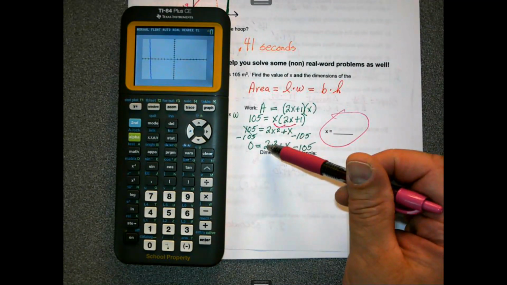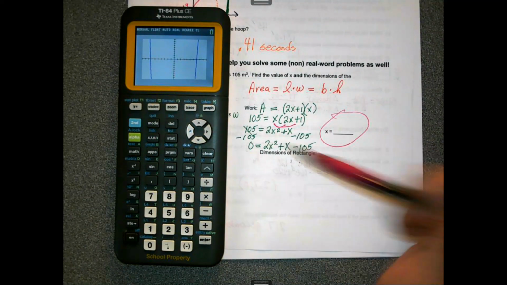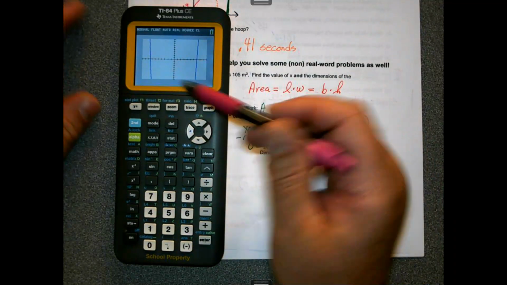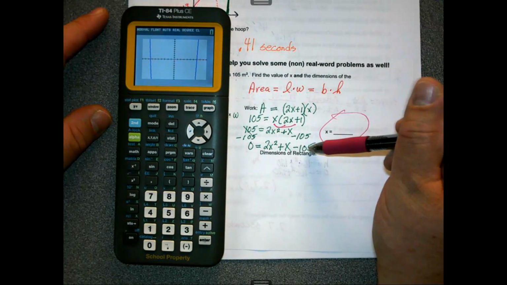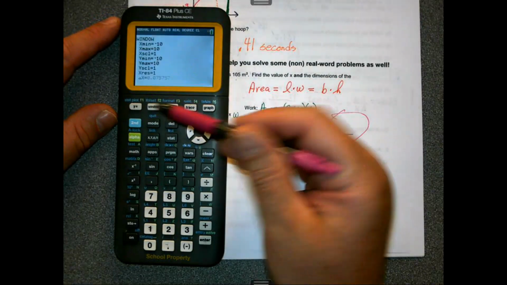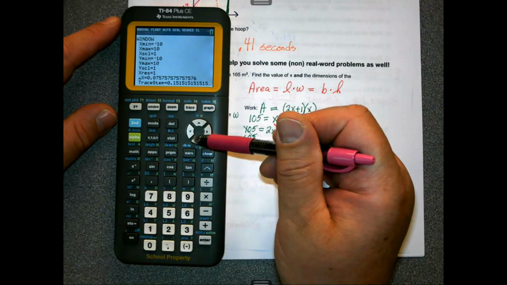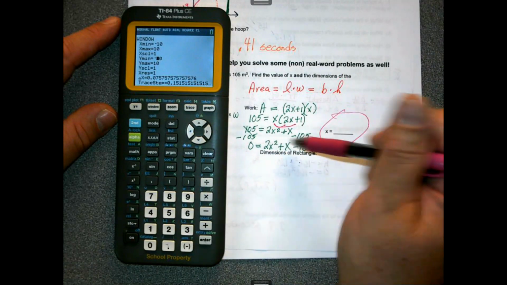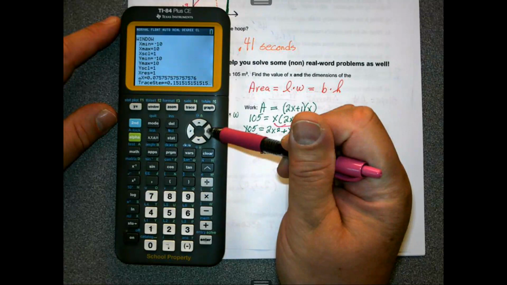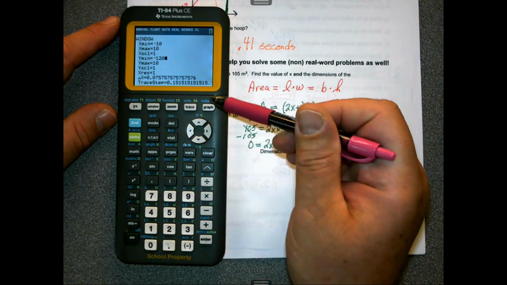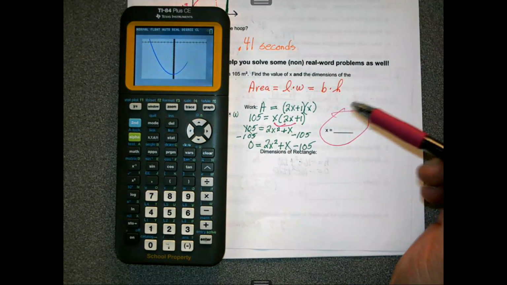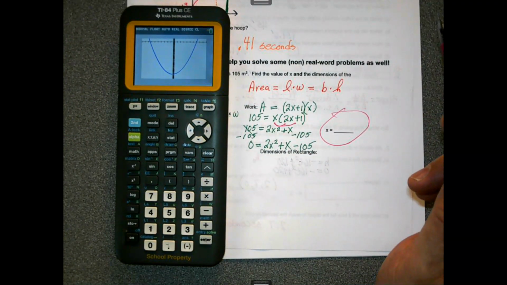I know it's opening up because my 2 is positive. And I'm going to get this whole thing fitted on my window. So I know I got a pretty negative 105 here, so I'm going to change my y minimum. I need at least 105, so maybe I'll go 120. Hit graph. And there I have my parabola. I can easily see it now.